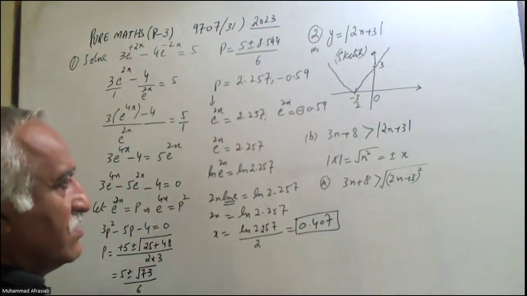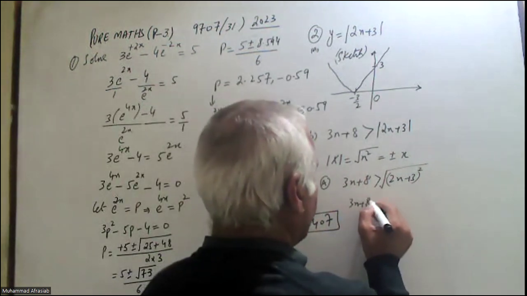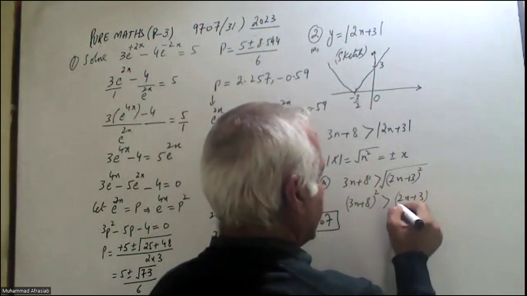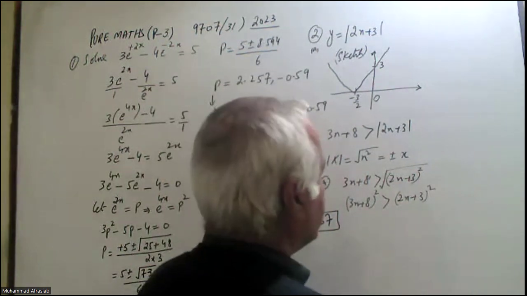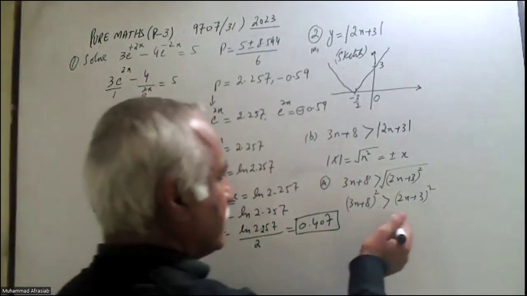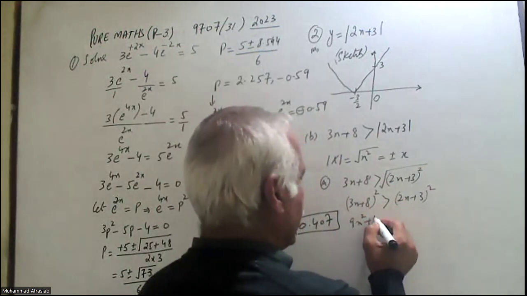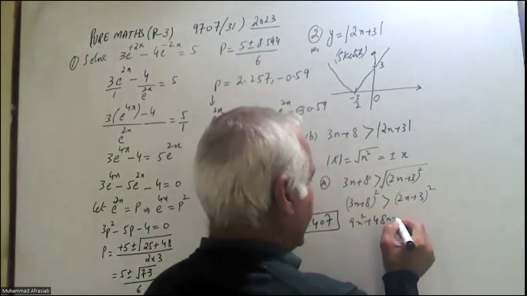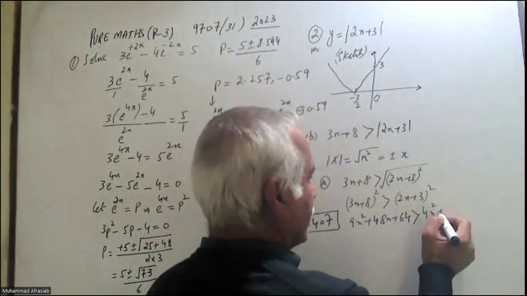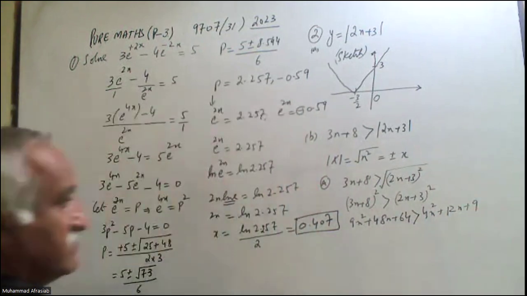Taking squares on both sides, this will become 3x plus 8 whole squared is greater than 2x plus 3 whole squared. And now if you open it, it would be 9x squared plus 48x plus 64 is greater than 4x squared plus 12x plus 9.